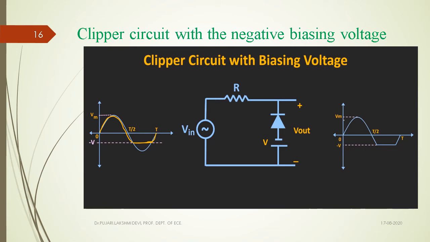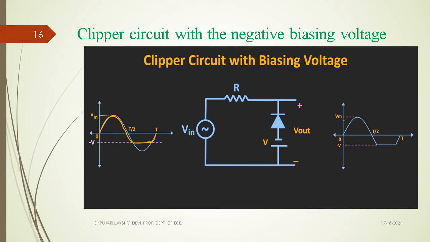If the diode becomes forward biased, it acts as a closed switch. Whatever the voltage source we have given here appears at its output. That is a negative voltage that appears at its output as a constant.